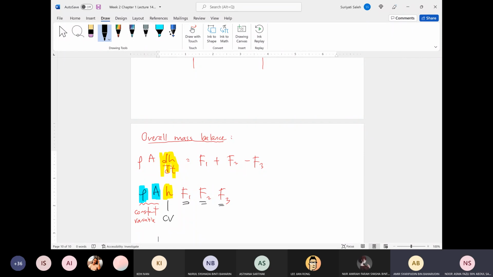Alright. So in this case, how do we decide based on the variable? We don't see the data yet. We just analyze in terms of the variables F1, F2, F3. We know that F1 and F2 are our inlet and F3 is our outlet.